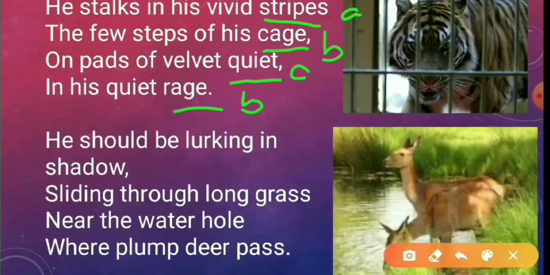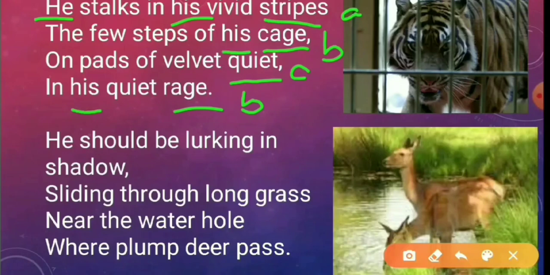Next, come to personification. In the personification, here the words he, his and his. The poet is trying to explain about this tiger, and instead of writing it, the poet has used he as a person.